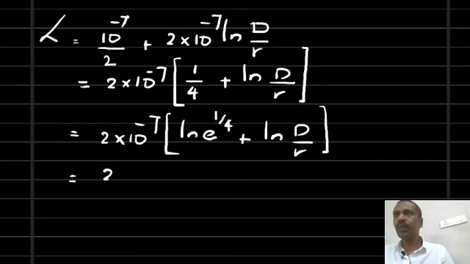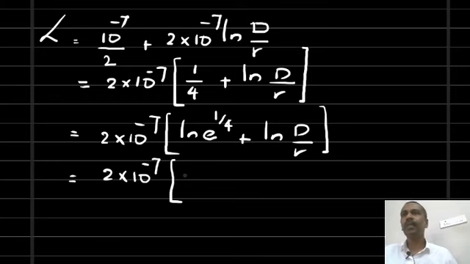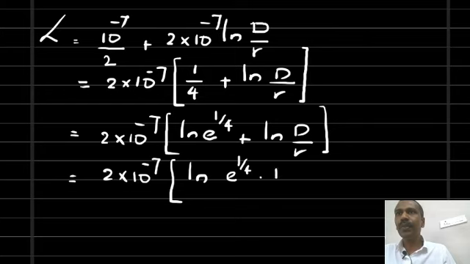It is in the form of log a plus log b, which is equal to log a into b. That is natural logarithm e raised to 1 by 4 into d divided by r.